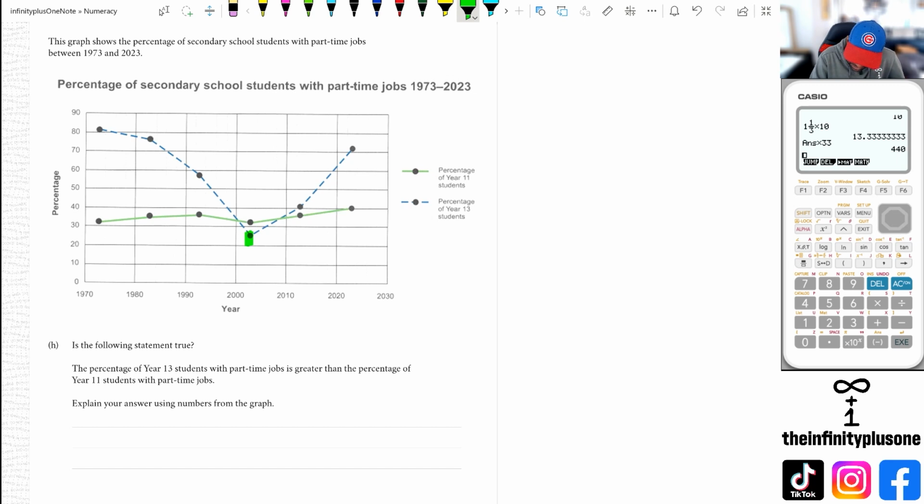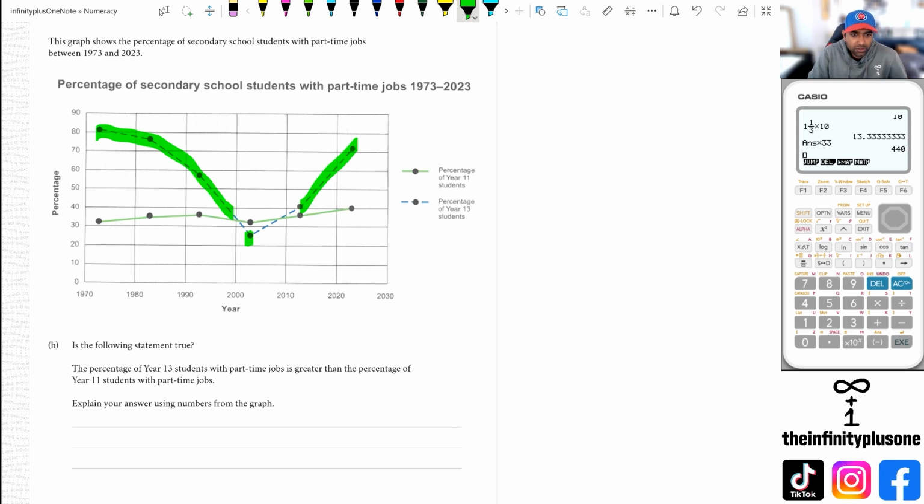Because if you look at it, year 13 is higher, year 13 is higher, all the way up till 2003, and then after that there's another spike where the percentage of year 13s with part-time jobs is more than what the year 11s have.